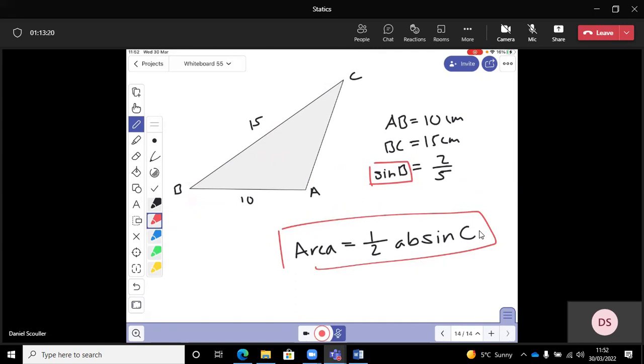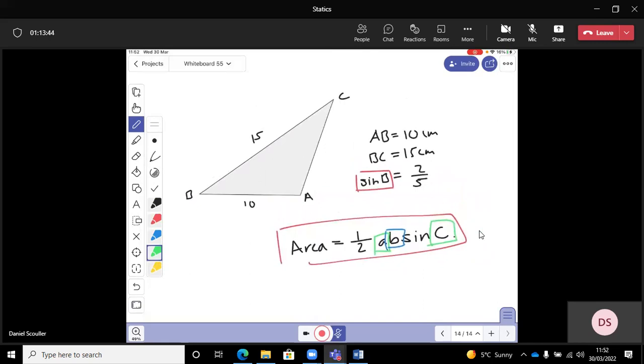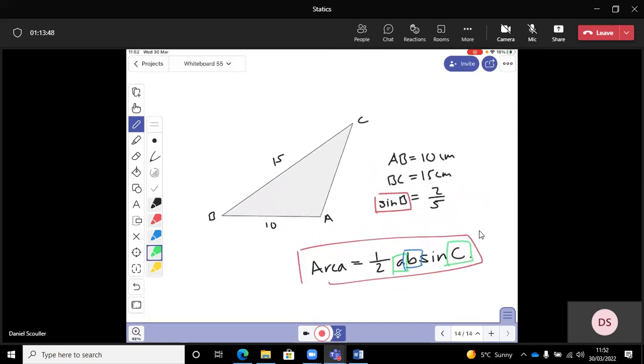What you need to know is which side you want to label as A, which side you want to label as B, and which angle you want to refer to as C. This is where you need to know those matching pairs.